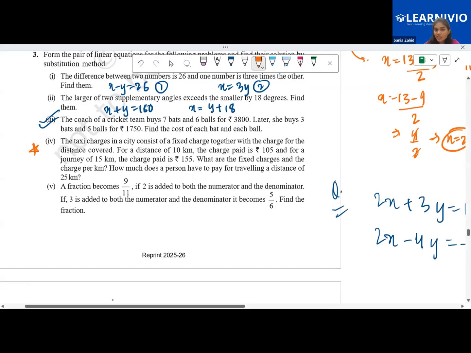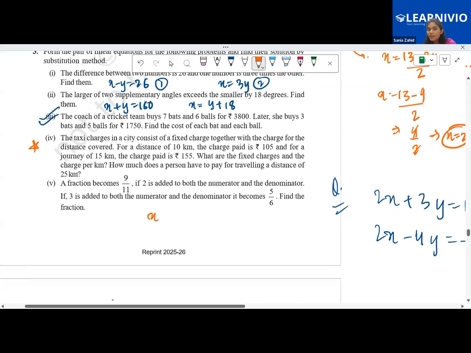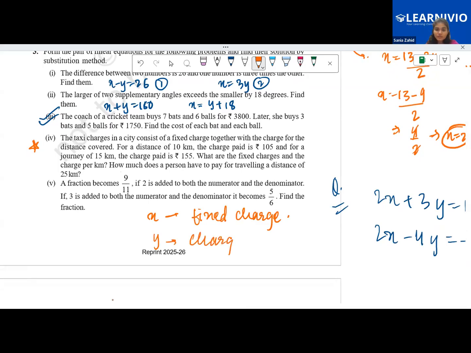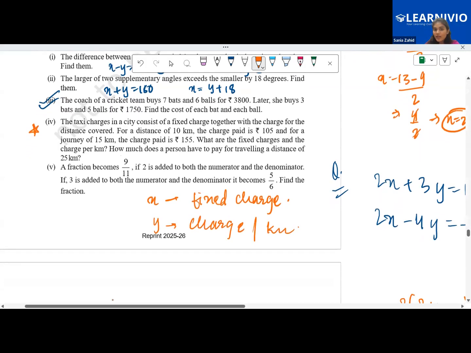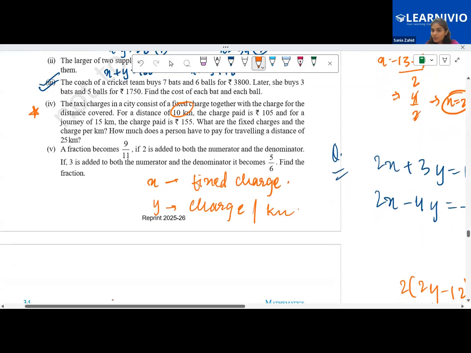So let's suppose the fixed charge is x. Okay. So x is the fixed charge, and the charge per kilometer is y. So y is the charge per kilometer. Now, if he's traveling 10 kilometers, he has to pay x plus 10y.